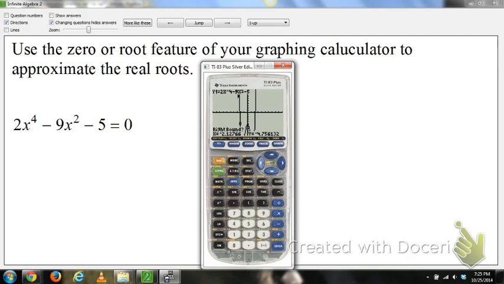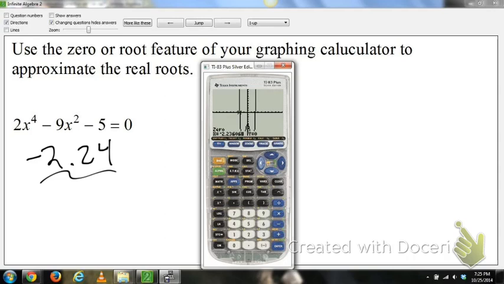I just clicked once, and that right away took my crosshairs below the 0, which is also just a slight bit to the right of that coordinate. So I can hit enter at this point, and for my guess, I can hit enter again. You really don't have to move the crosshairs from where you chose your right bound. I'm just going to hit enter one more time, and there's my 0. You can see the 0 is approximately -2, and I'm just going to write this down. If I round to 2 decimal places, it's about -2.24 as my first 0.